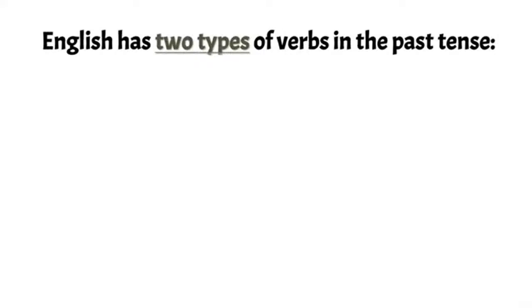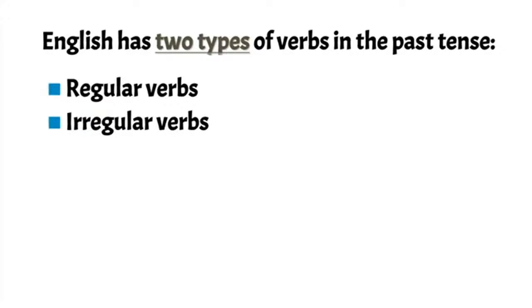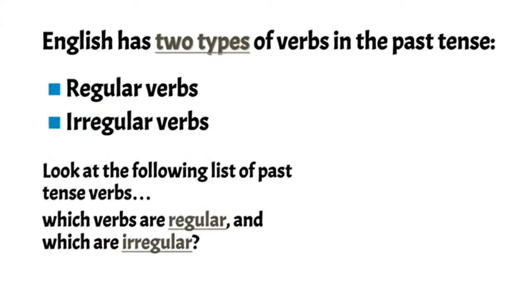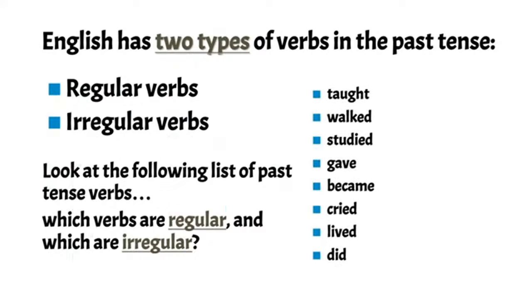So English has two types of verbs in the past tense: regular verbs, as I said before, and irregular verbs. Look at the following list of past tense verbs. Which are regular and which are irregular? Taught. That's irregular. Walked.